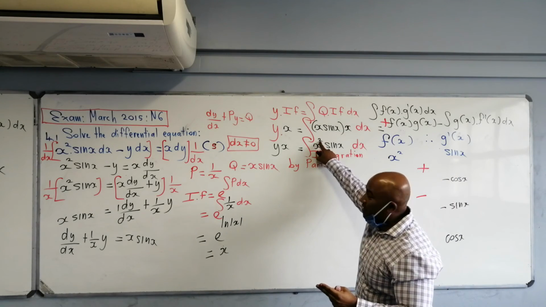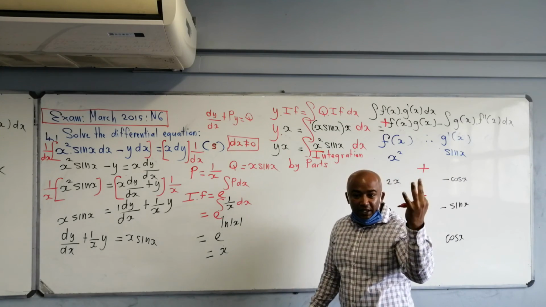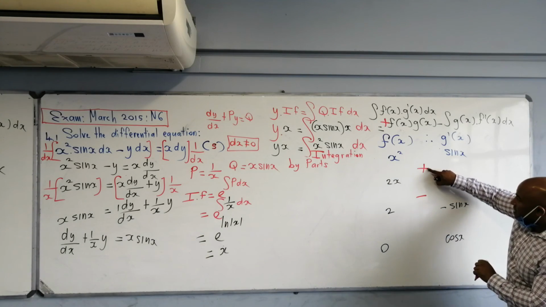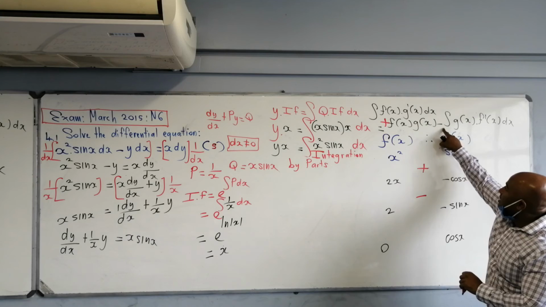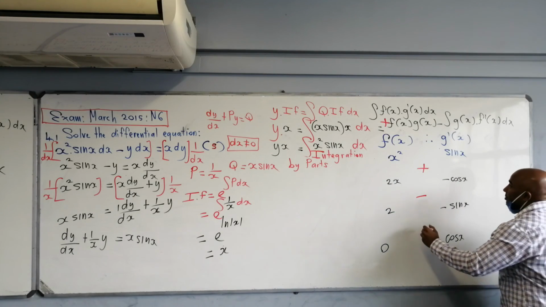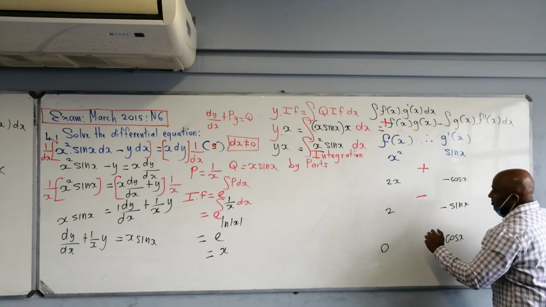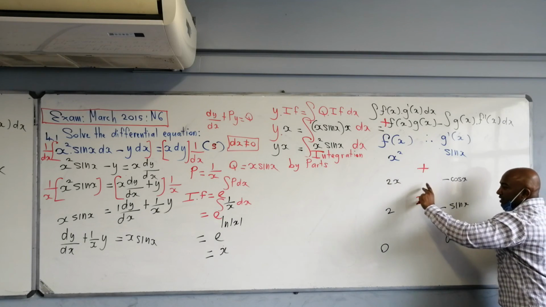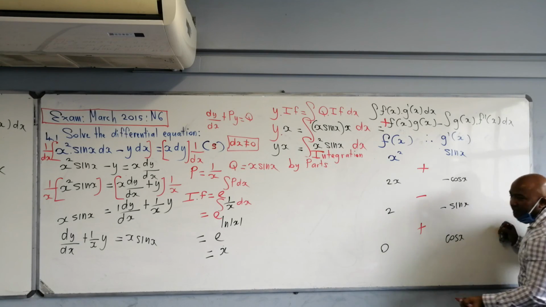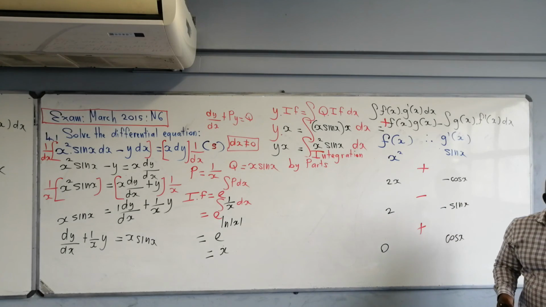Twice, because it's the power 2. If it's the power 3, we will use the formula 3 times. So there's it, positive, negative. The formula is done for the first time. Now for the second time will be your positive and your negative, but let's see here. So it goes positive, negative, and then the next thing is positive. If you want to, you can write a negative, but it's not going to be used.